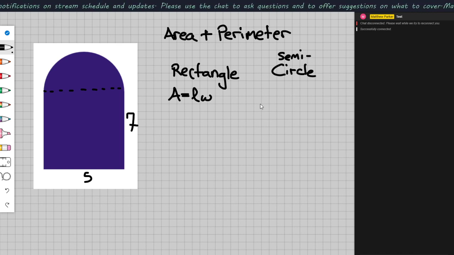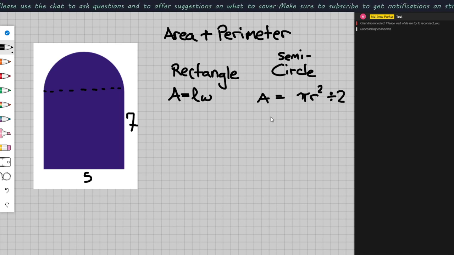Normally the area for a circle is pi r squared, but since it's a semicircle, or a half circle, you then divide by 2 at the end.